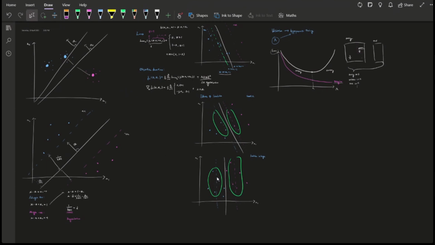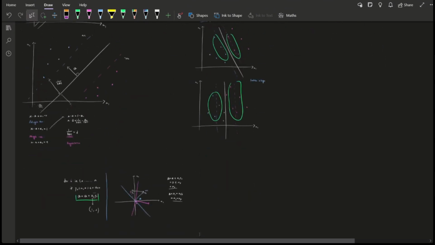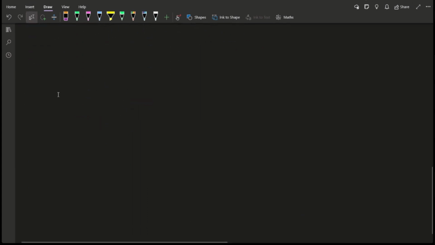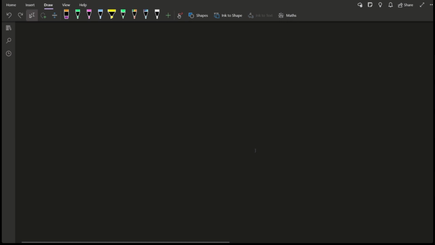Could you explain again why the margin on the right side is 1 and minus 1? Let's just draw.